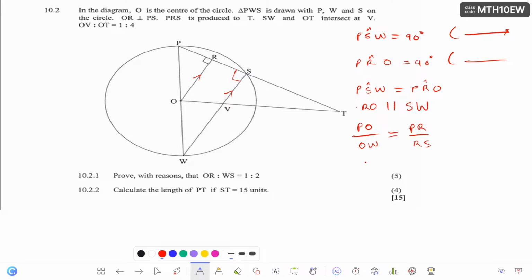So after that, I'm going to do cross multiplication. But before I do cross multiplication, there is something you need to know here. We know that this one is equal to this one.